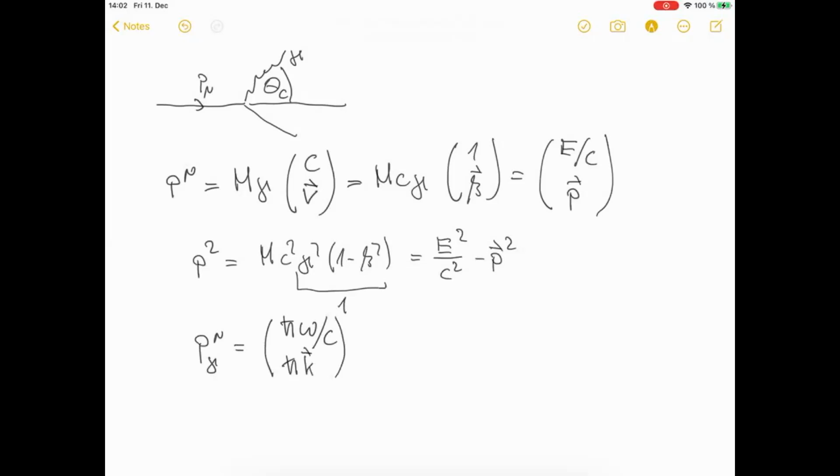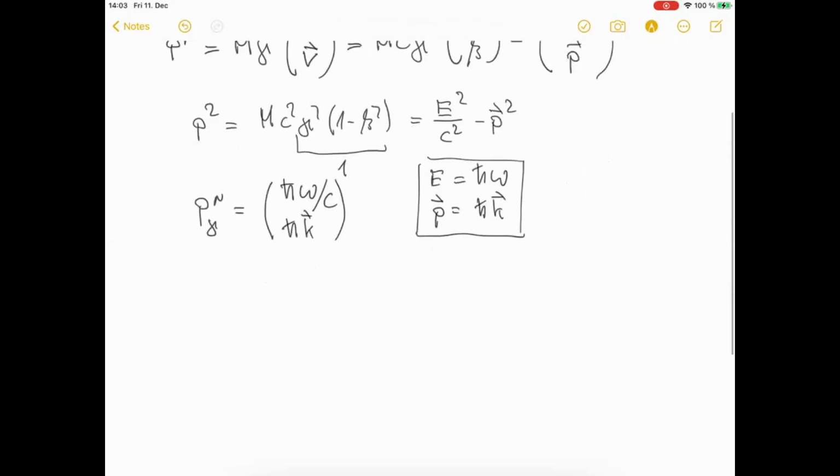So here we have only used the basic relation for the energy of quanta of light. The energy is h bar times omega, and the momentum is h bar k. That's all we have to use.